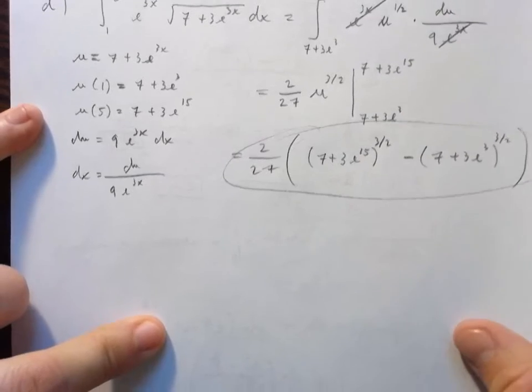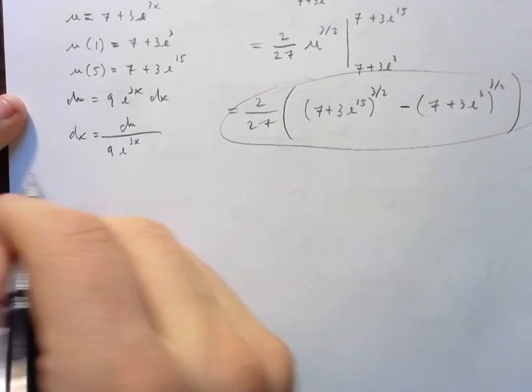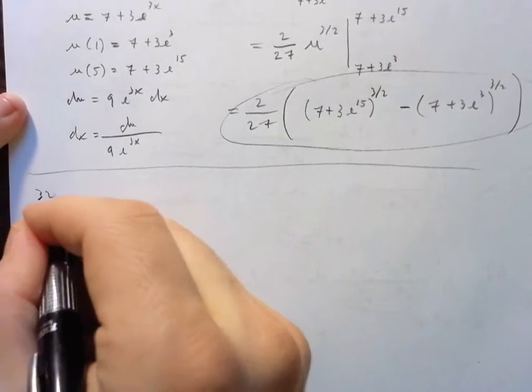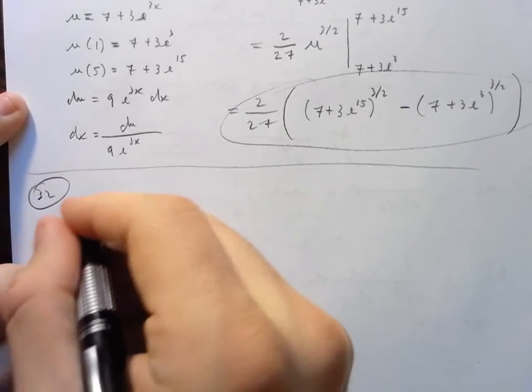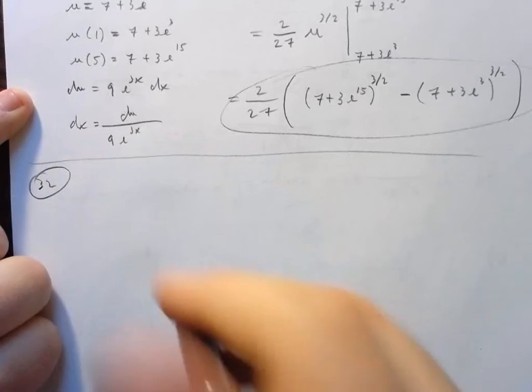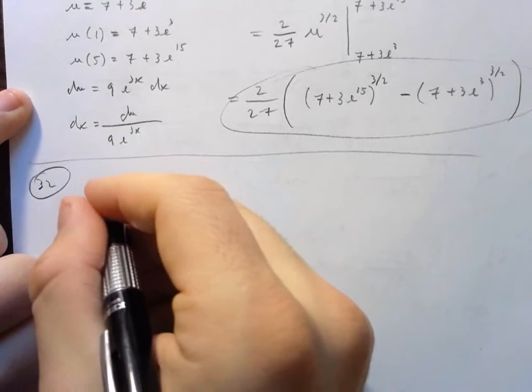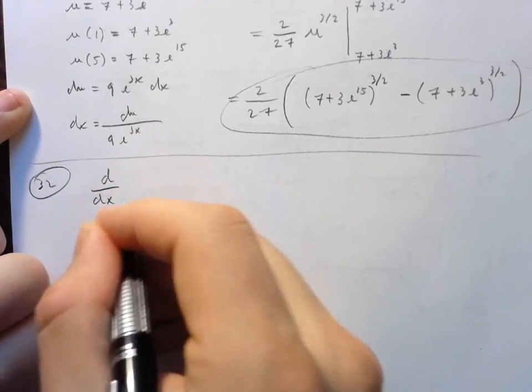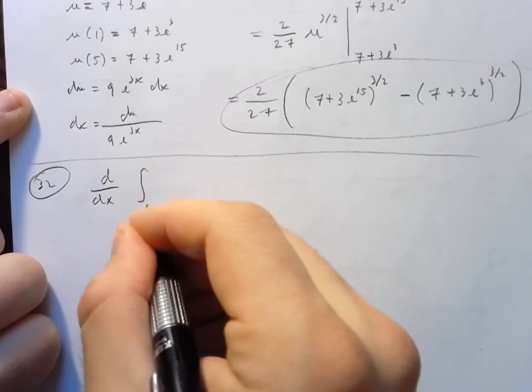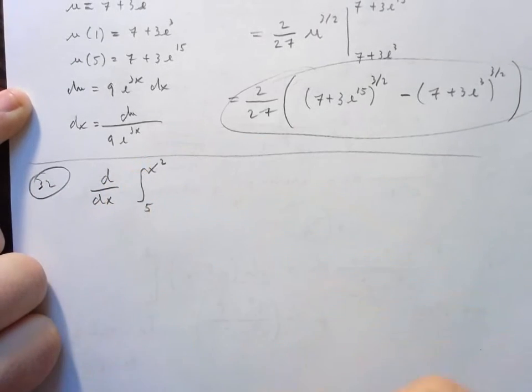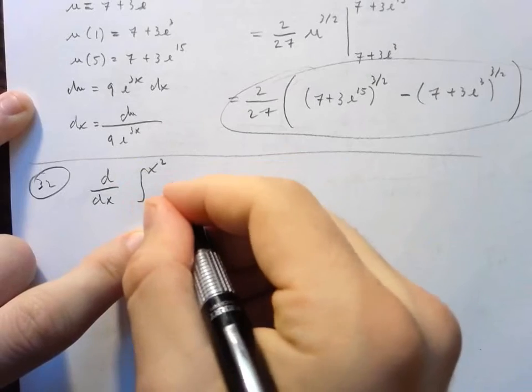And now the last problem in this section is problem 32. And we're asked to find the antiderivatives of the following. We want to find d dx, basically, of the integral from 5 to x squared of arctangent of t.